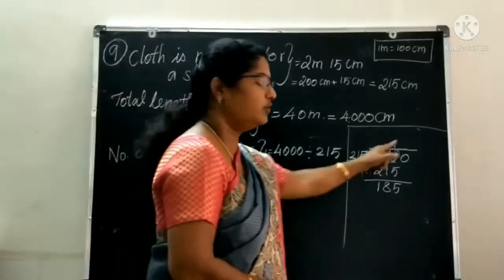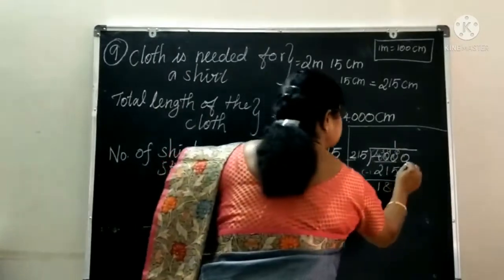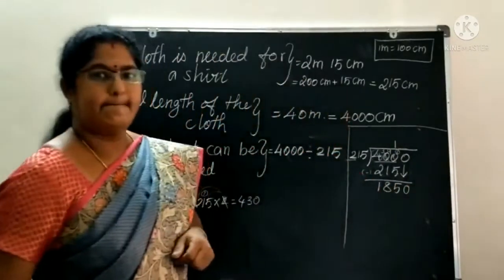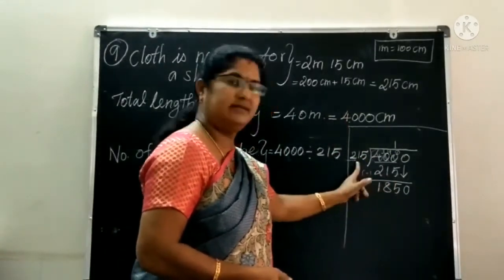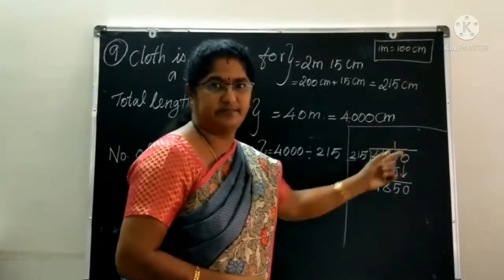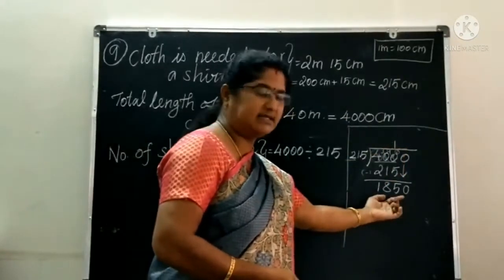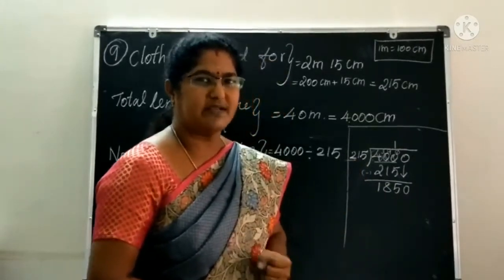Okay. Now go to the next digit. That is 0. Bring down the next digit. After bringing down the next digit, this is greater than the divisor. Now we have to divide. How many times? But here there are 4 digits and this is 3 digits. How do you get the approximate value?